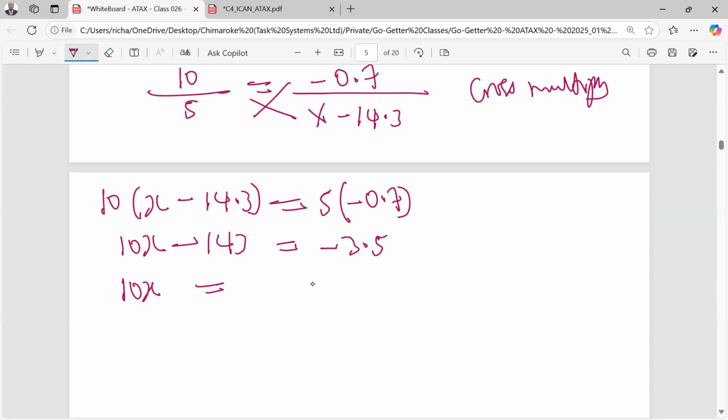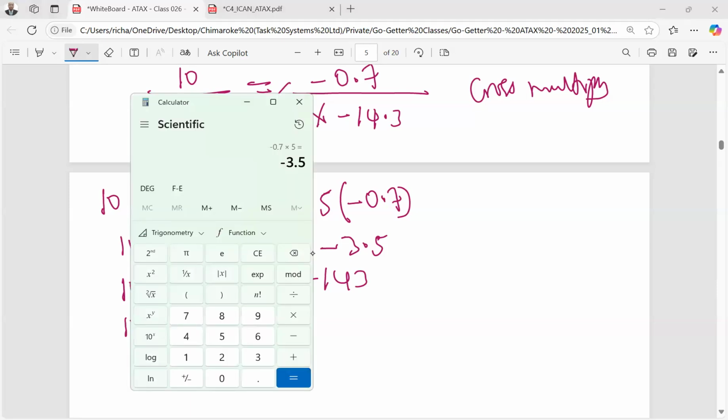We are calculating together. I said minus 3.5 plus 143, right? What would that give us? That'll be 10x will be 139.5, right?